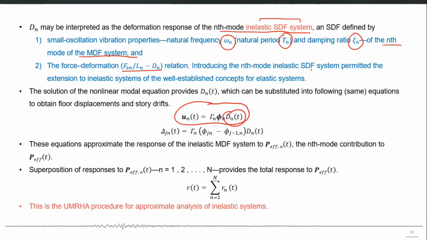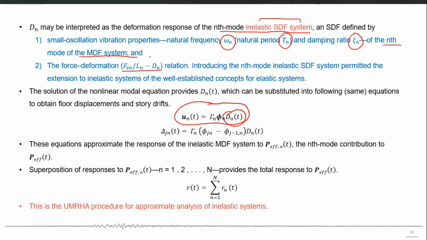We can apply the modal inertial load pattern to our nonlinear multiple degree of freedom system, give it cycles of loading, unloading and reloading, and develop this force deformation relationship.